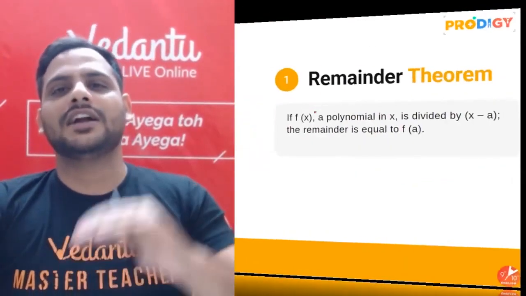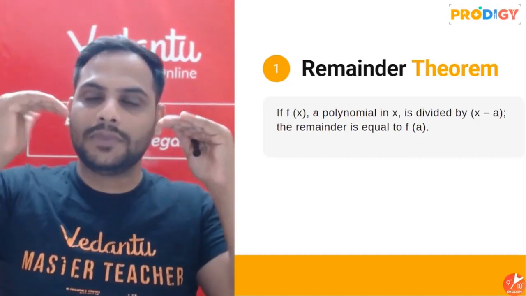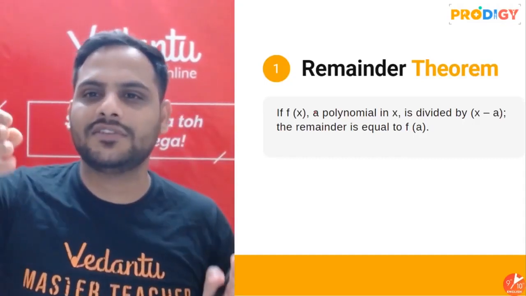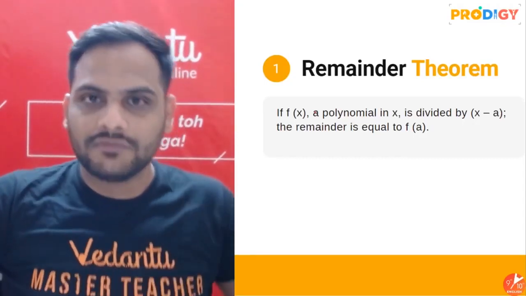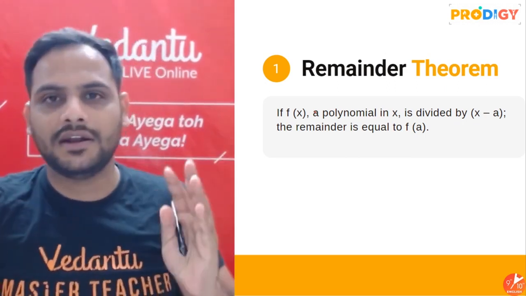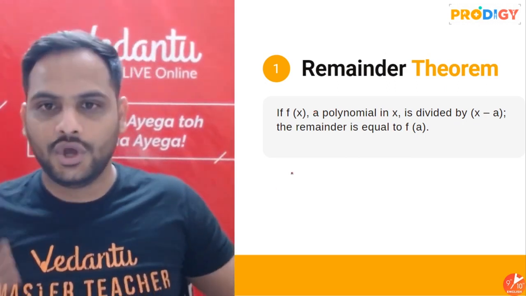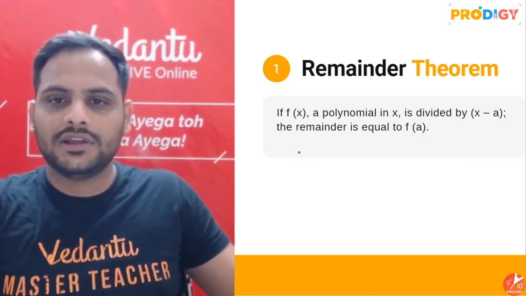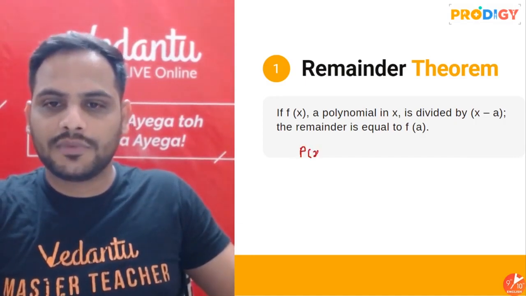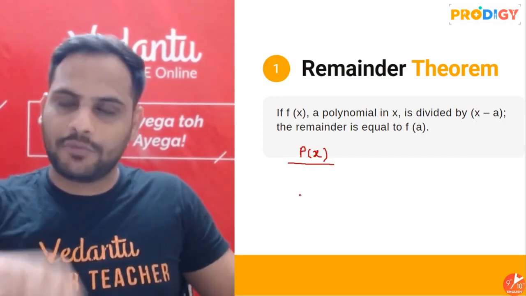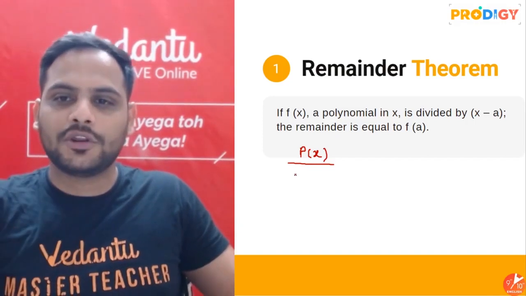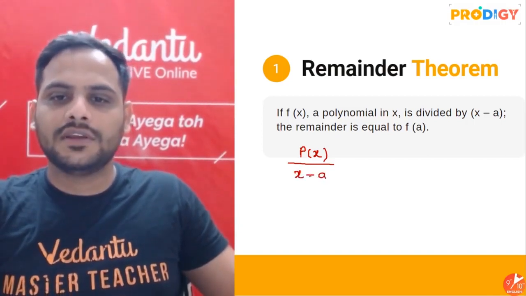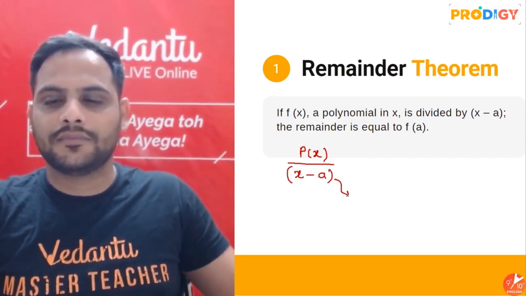So let's first start from the very basic part of today's chapter, that is remainder theorem. This is a theorem which gives you the remainder when you divide a polynomial. Very important: when you divide a polynomial by another polynomial, that other polynomial must be a linear polynomial.